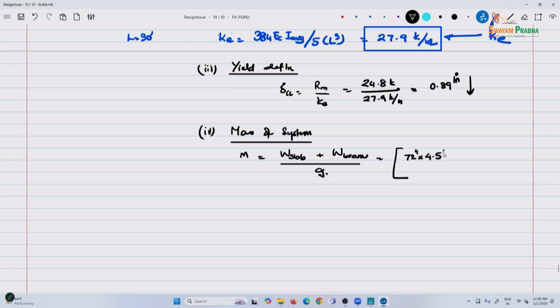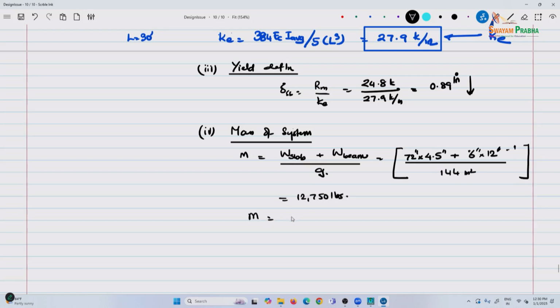So this is the weight of the slab plus the weight of the beam, approximated to 6 by 14 or 6 by 12 inches, divided by g. It comes to 12,750 pounds if the math is right.